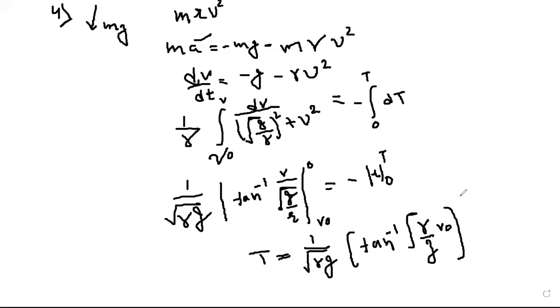So you take the screenshot of question number 4. So after that, question number 5. So how to solve this question number 5? Initial velocity, listen. Initial velocity is equal to 1 meter per second.